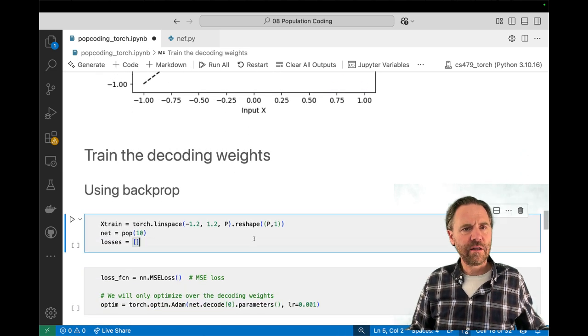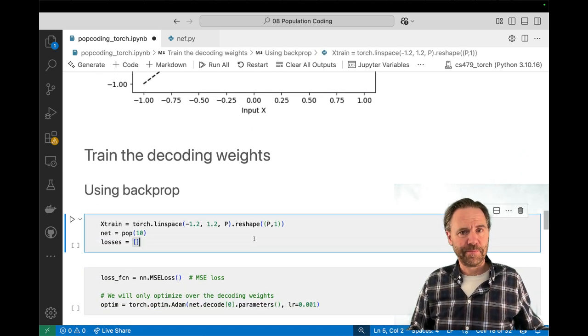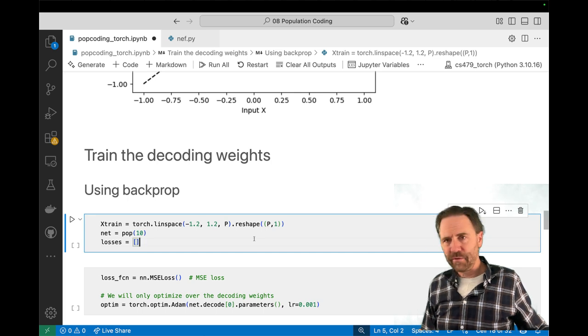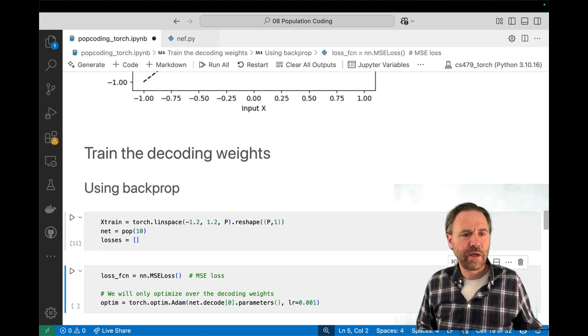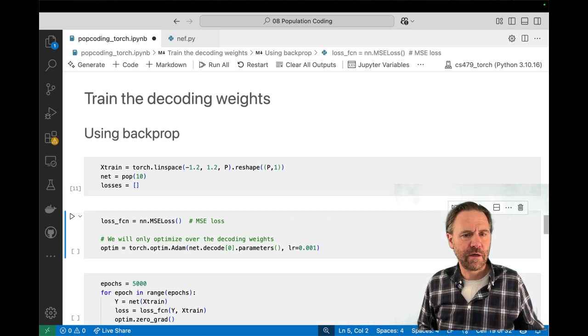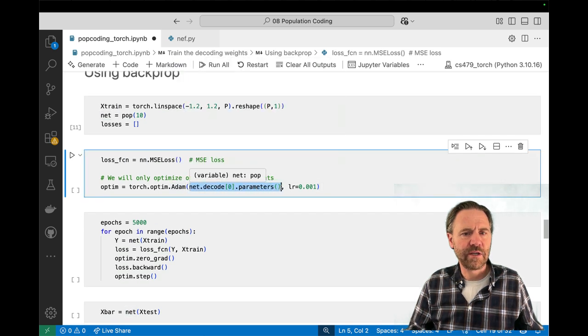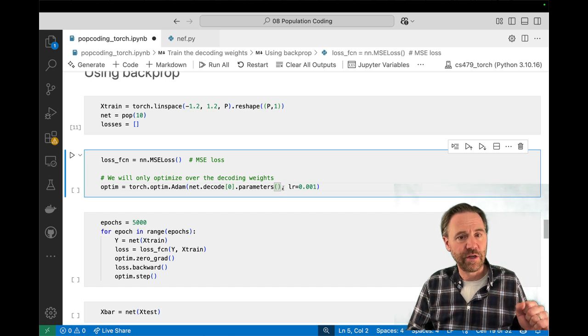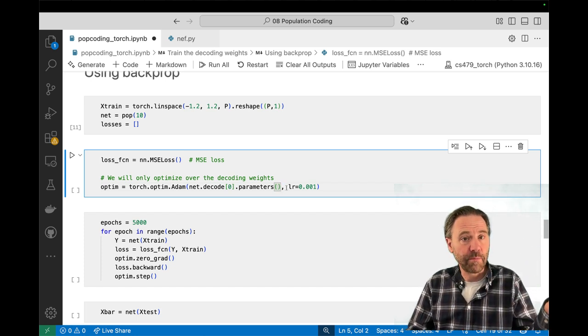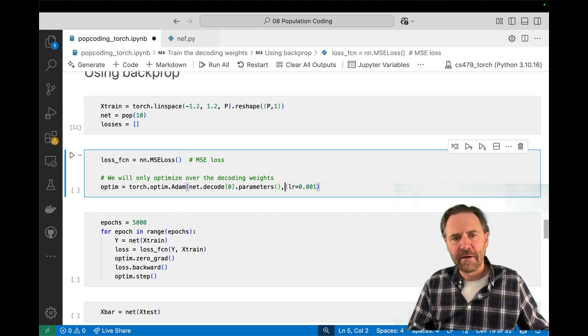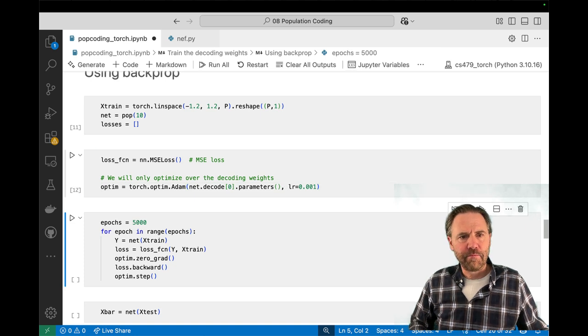So we could train these weights using backprop, which is what we've been doing so far. We have random encoders, but we can train the decoders using backprop. So here I'm in Atom, you can tell it what parameters you want to use. I'm only giving it the parameters of the decoder, the decoding population, that linear layer. Mean squared error loss.